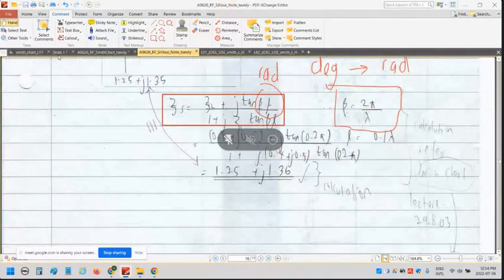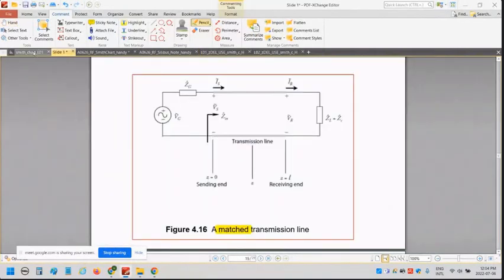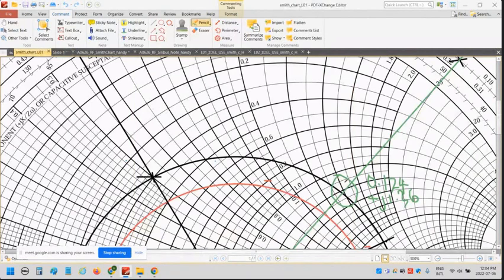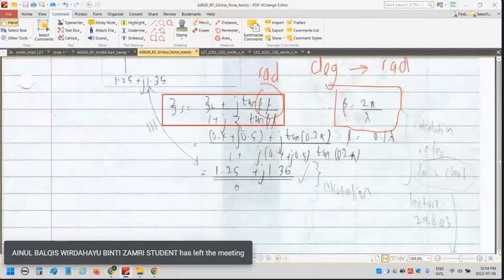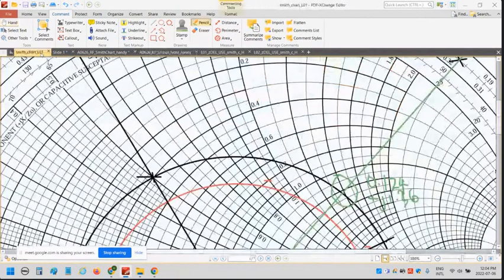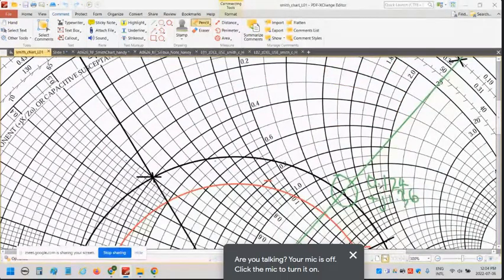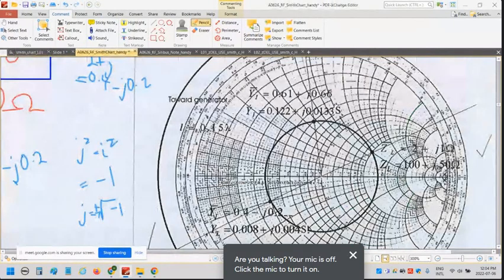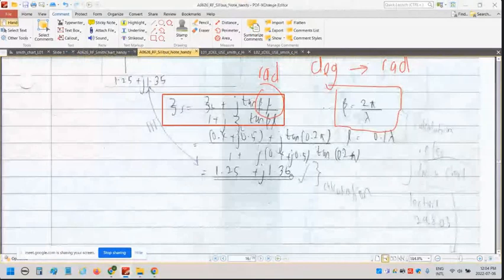From the Smith chart, we give you 0.124, and from the calculation this is the exact correct answer. But if you are using a Smith chart and you got this, I can accept 0.124 plus J 1.36.